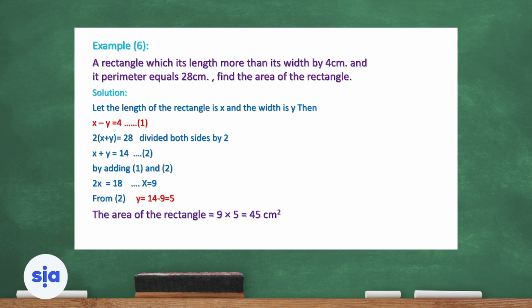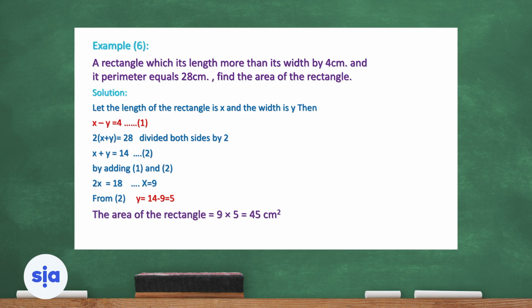And it says as well that the perimeter equals 28. What is the rule of the perimeter? Yes, perfect. It's 2 open bracket L plus W equals 28. If I divide both sides by 2, I will see that L plus W is equal to 14.